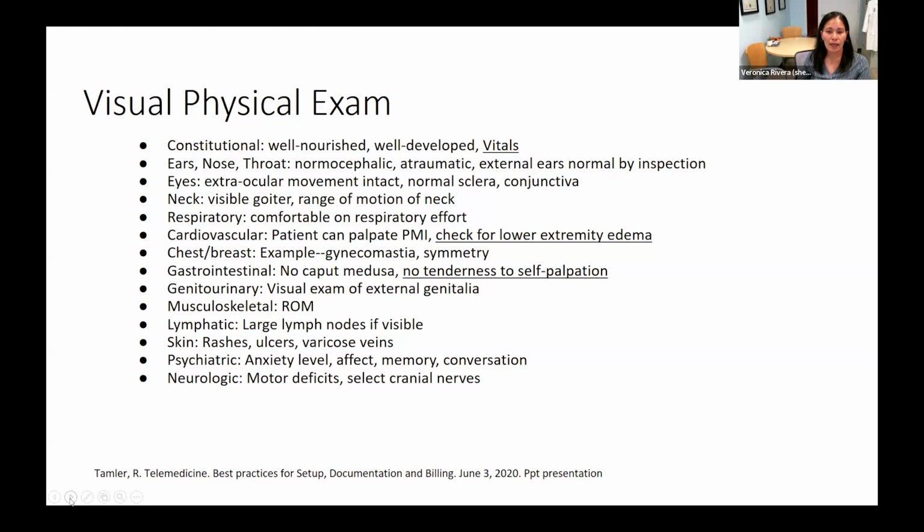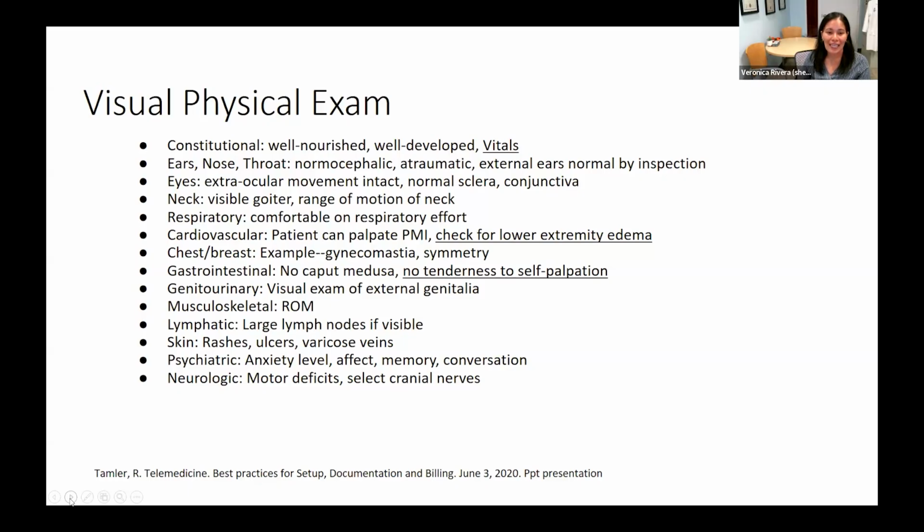Cardiovascular wise, you can ask the patient to palpate their PMI, but more often I'm also asking to look at their lower extremity edema. The chest exam, one example might be looking for gynecomastia if necessary.